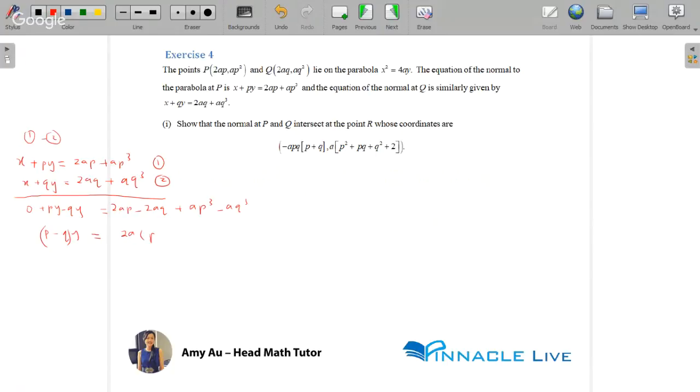And then I'm going to just factorize them in their pairs. This one, you have to further factorize using the difference of 2 cubes, which is on the reference sheet, by the way. So if you get a little bit stuck, you don't have to remember it. Just take it from the reference sheet. All right, so the key point here is if I divide everything by P minus Q, there you go.